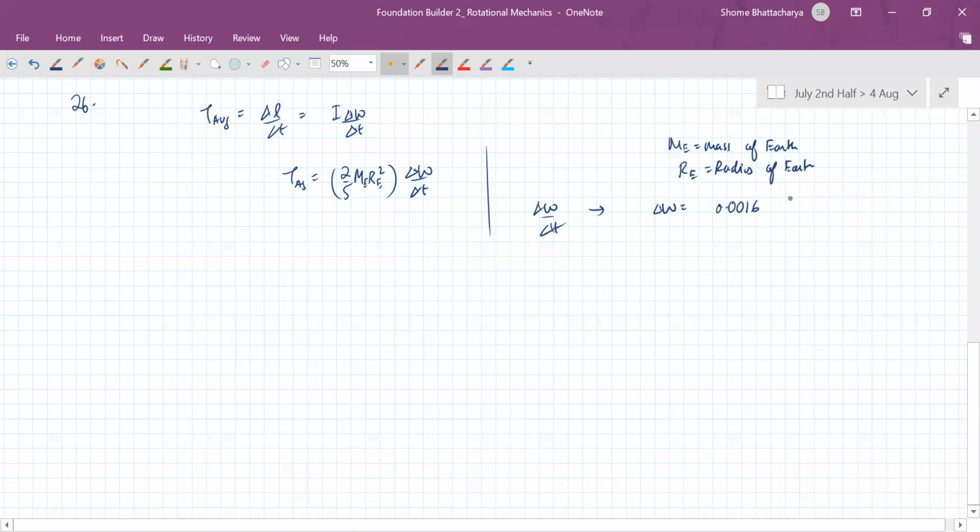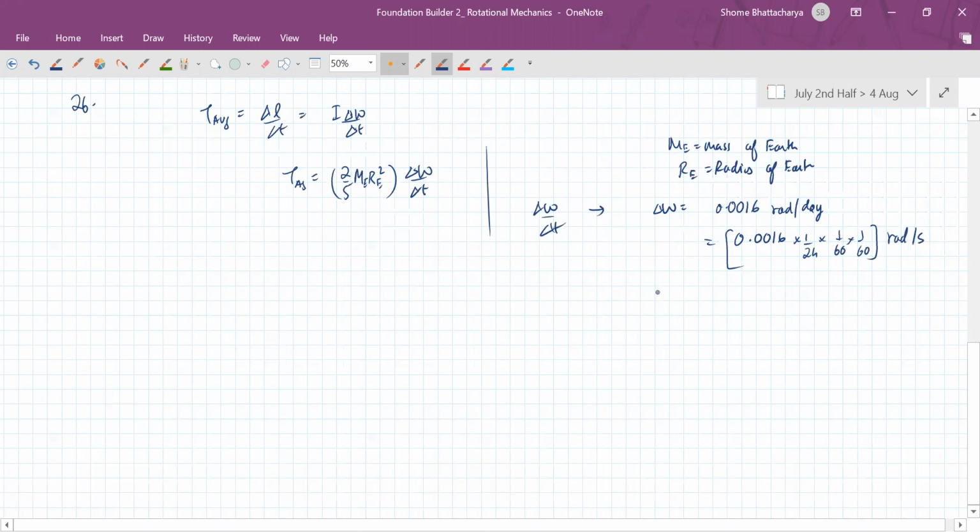Now this delta omega is the change of angular speed, 0.0016 radians per day. So if you convert that to SI units, it is 0.0016 into 1 by 24 into 1 by 60 into 1 by 60, these many radians per second.